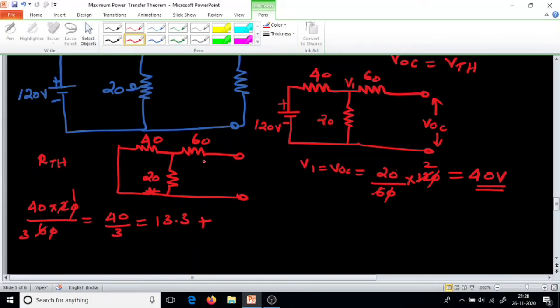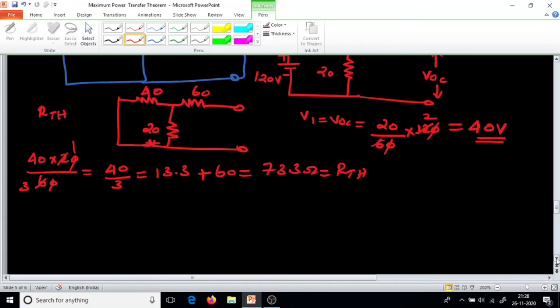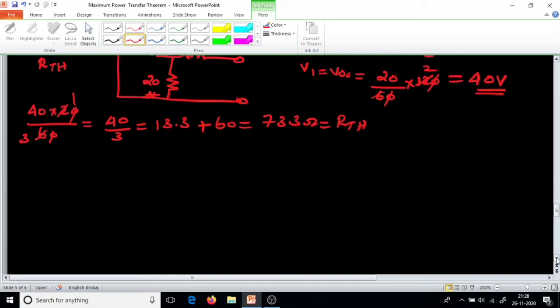Plus what is in series? The 60 ohm is in series. So we will get a total of 73.3 ohm. That is RTH. We got the RTH also.